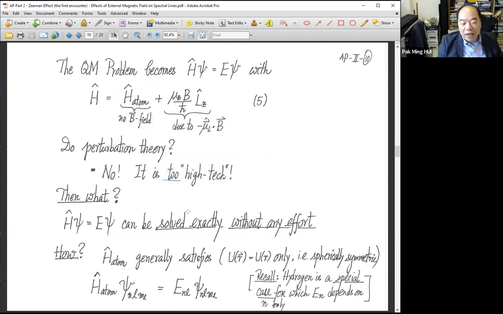We can solve it exactly and, more importantly, with zero effort, basically. Because this atom part wave function is automatically an eigenfunction of this extra term, L_z. Therefore, we can solve this problem exactly.